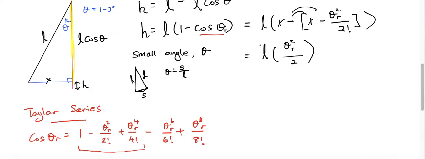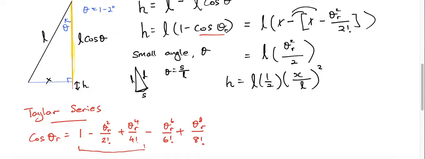Okay. So now, theta and h, with a small angle, theta is S over L. And this S is actually equivalent to x if the angle is a small angle approximation. So hence, therefore, h would be L times half theta squared, where theta is actually x over L, squared, right?